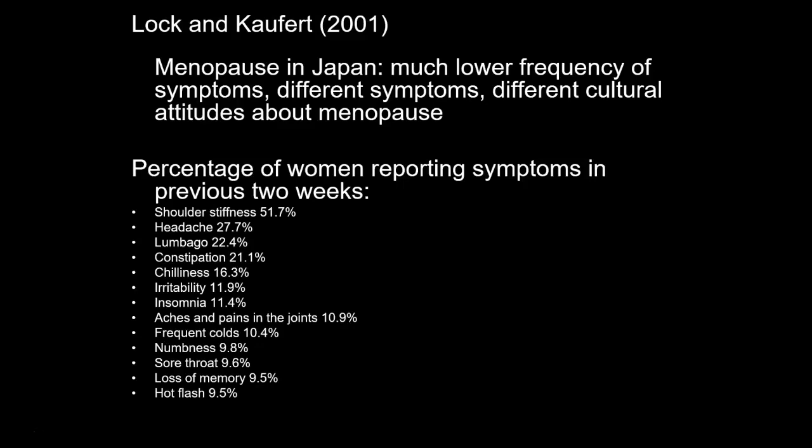So the work on menopause is drawing from research that she did in collaboration with Kaufert. It was published in 2001. And what they found, doing a comparison between experiences of menopause among women in different cultural contexts, is a variety of things. But one of the key findings is that some of what are understood as the telltale key symptoms that women in the U.S. experience are not experienced in Japan, which is the comparison that they were doing.